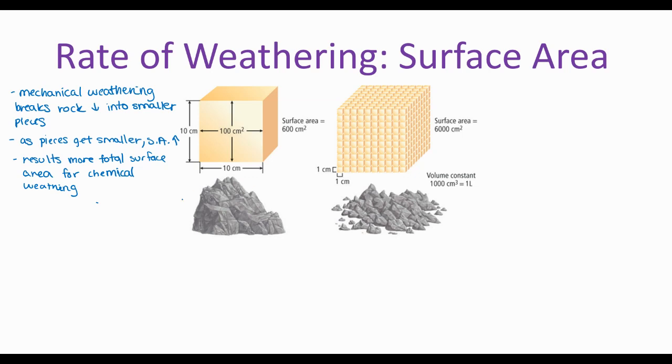With this rock that is whole, we have a surface area of 600 squared centimeters. But with this rock that is broken down into pieces, we now have a surface area of 6,000 squared centimeters. Because of this, we have smaller pieces and weathering can act on it better.